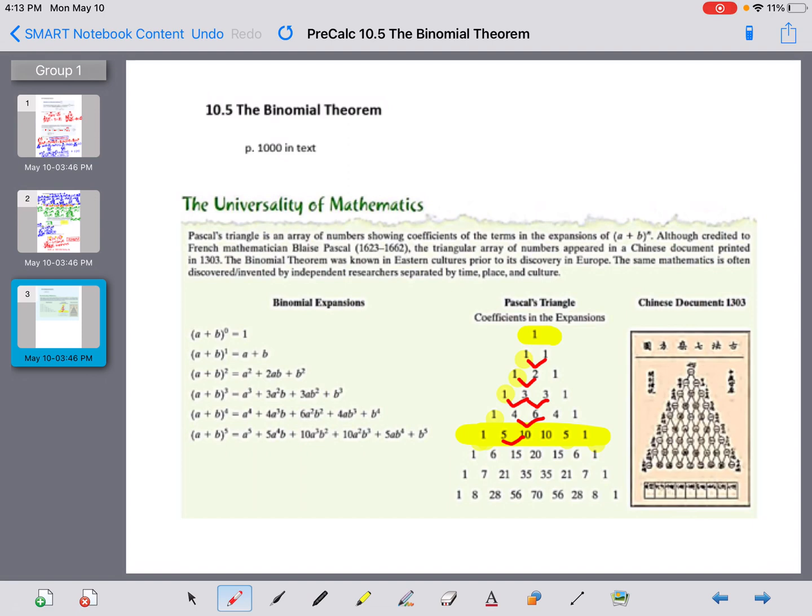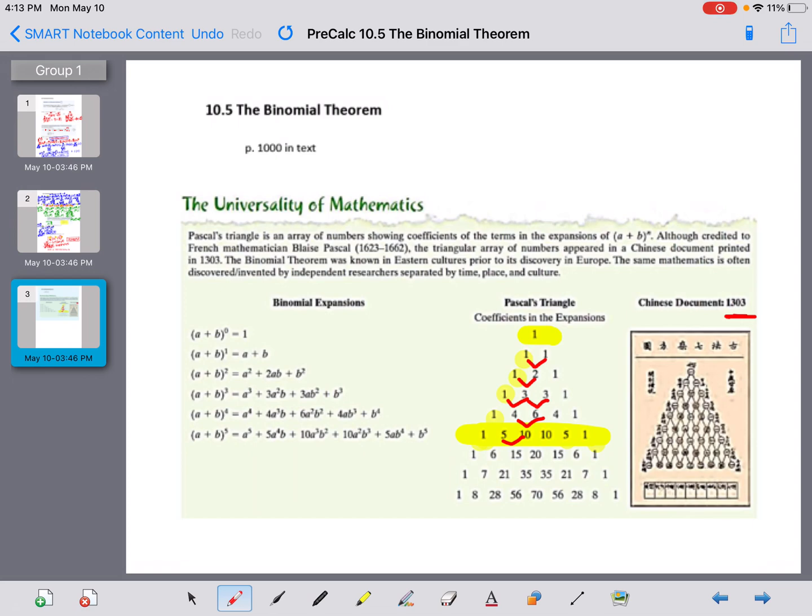It's a possibility. This is just something that Pascal came up with, this coefficient triangle, but they said back in 1303, they also found a chart that the Chinese had created. Obviously, it's not in our language, but it basically went through and found the same thing. So mathematicians in different parts of the world at different times definitely came up with these similar things, but using the binomial expansion, we can figure it out each time.